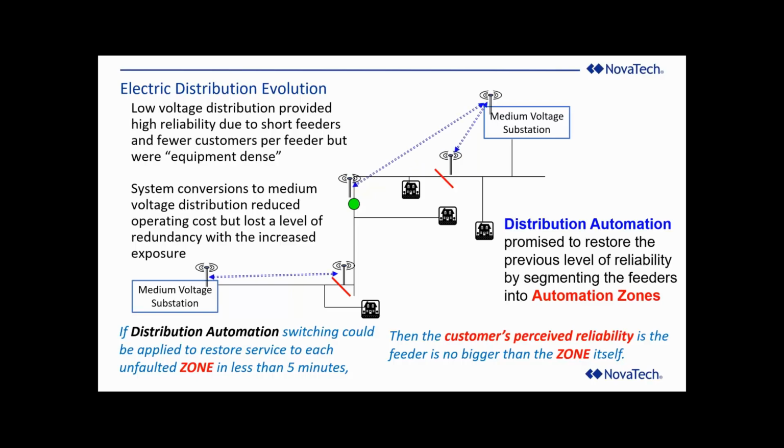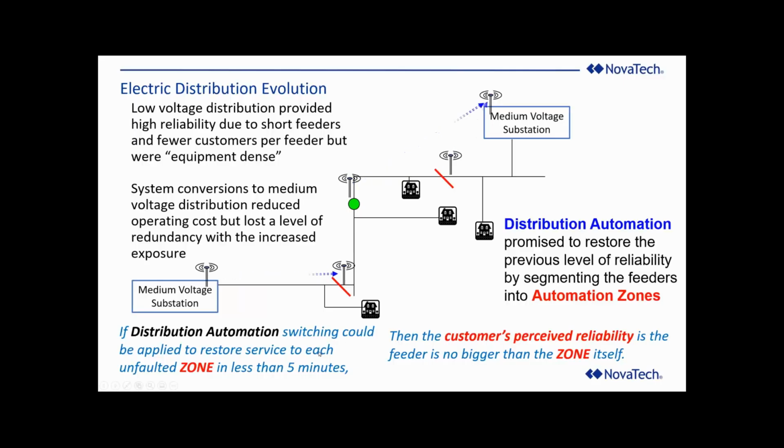As a result, the longer distribution feeders get cut up into smaller zones that can be isolated by distribution automation, bringing the size of these feeder zones down to about the size of the feeders that were originally 4 kV, or at least with the same level of reliability.